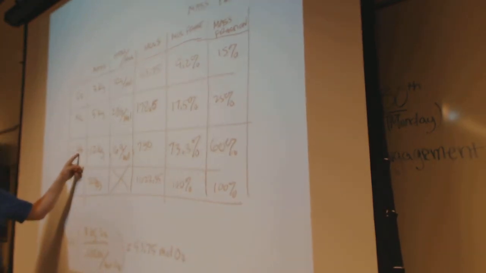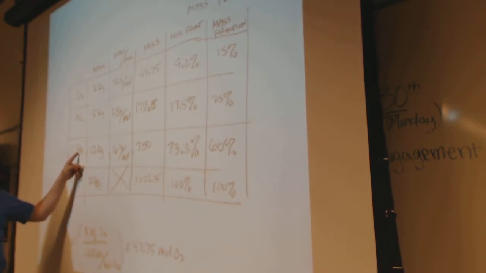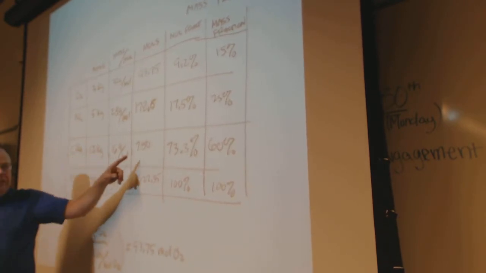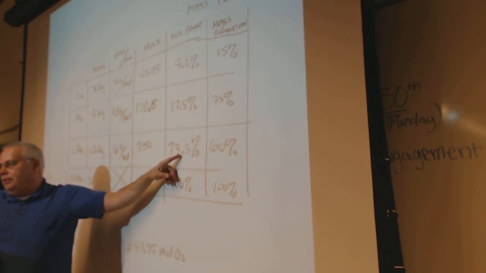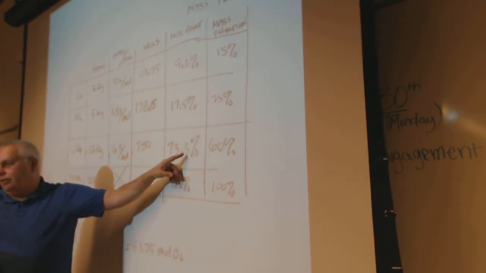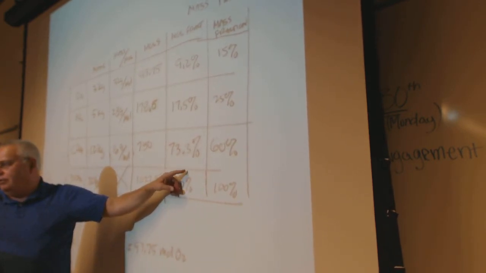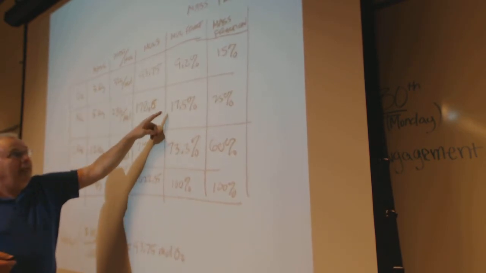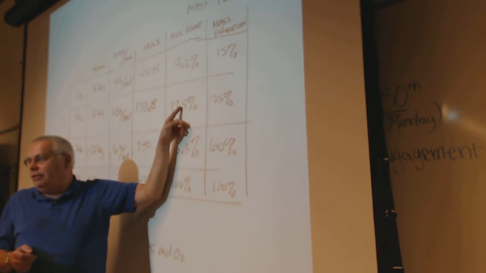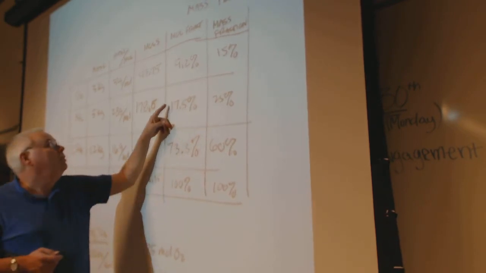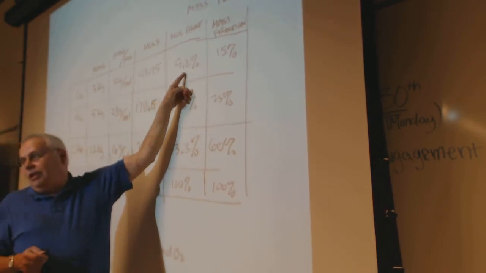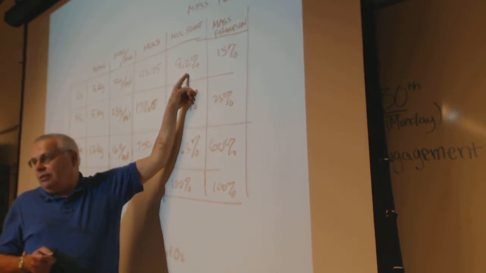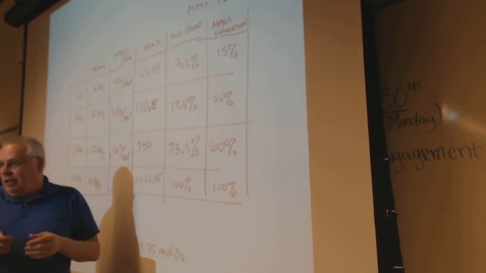CH4 is going to act like, and it's going to have the enthalpy at that temperature of something that's 73.3 kilopascals. And likewise, nitrogen's going to act like it's at 17.5 kilopascals at that temperature. Oxygen, it's 9.2 kilopascals.